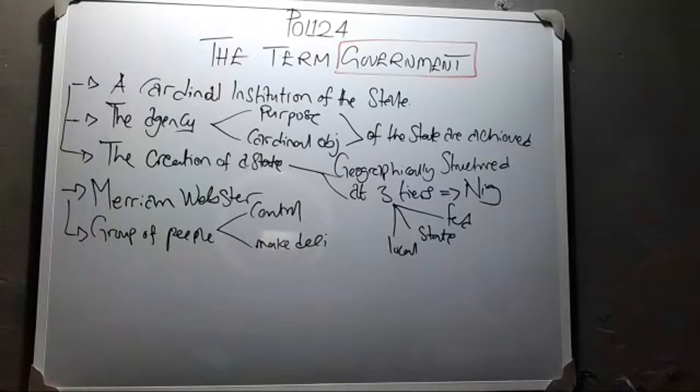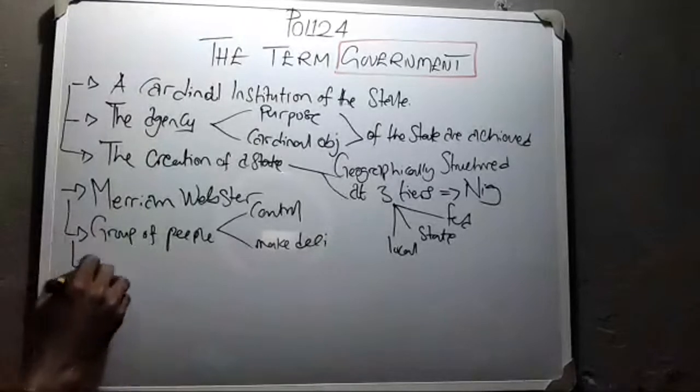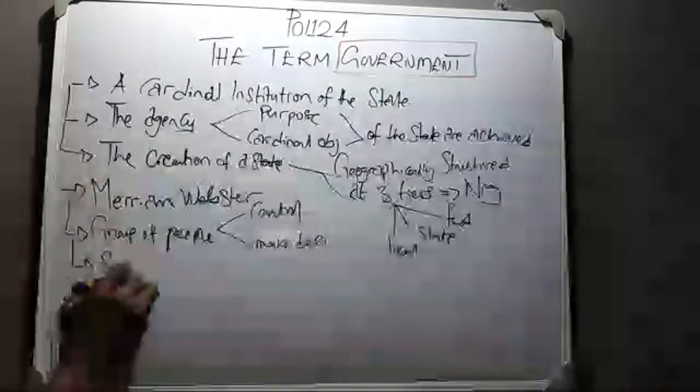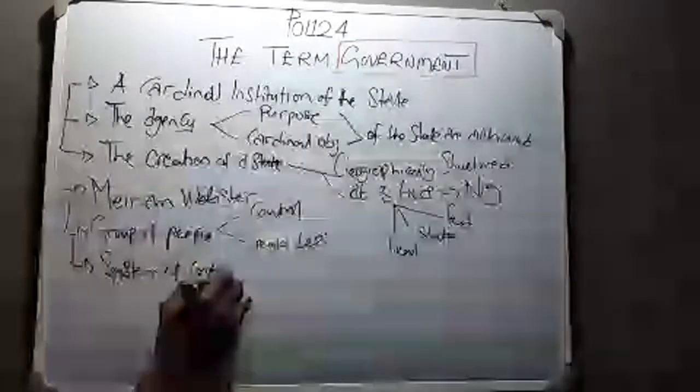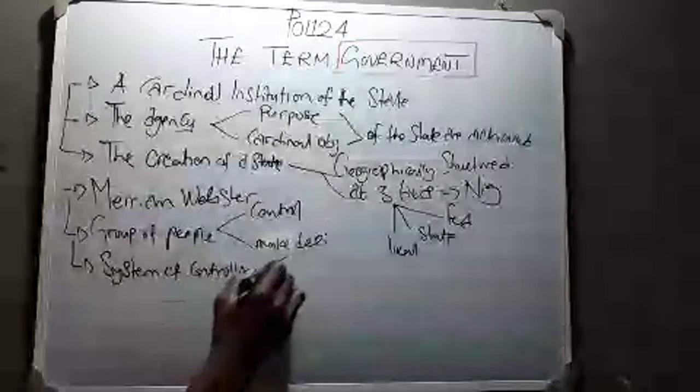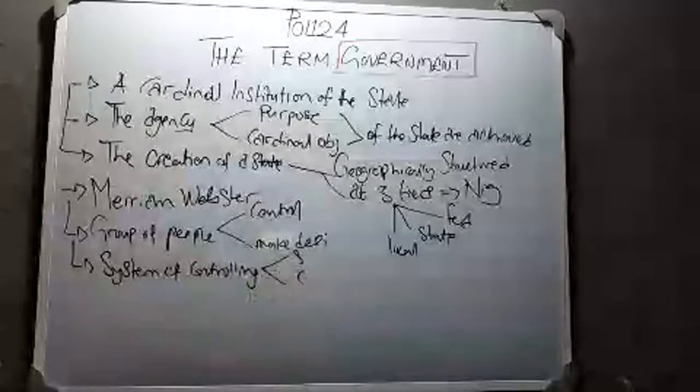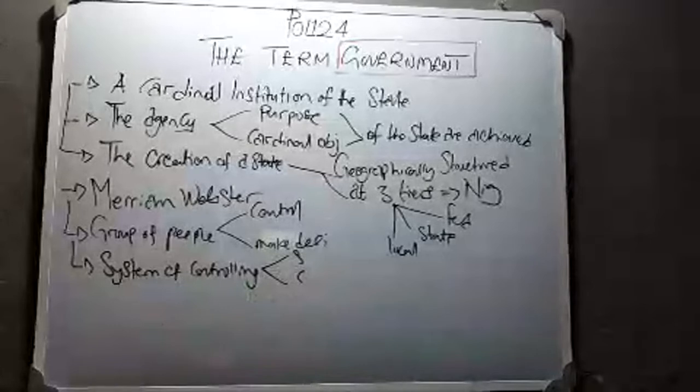It also says that government is a particular system used in controlling a country or a state, a system of controlling a state or a country. It also says a process or manner.